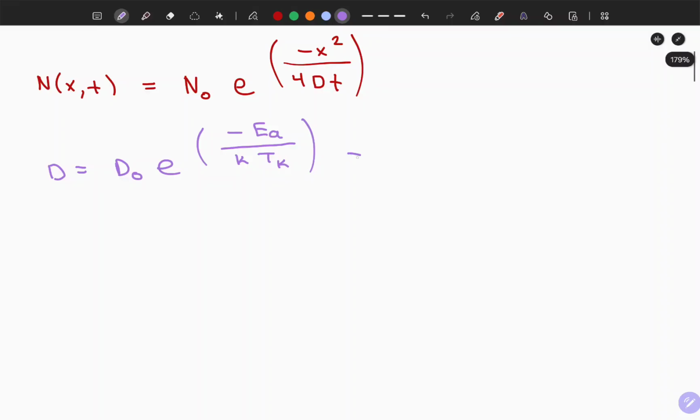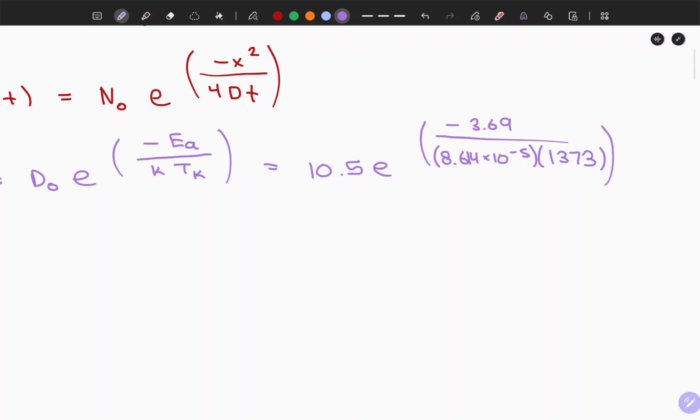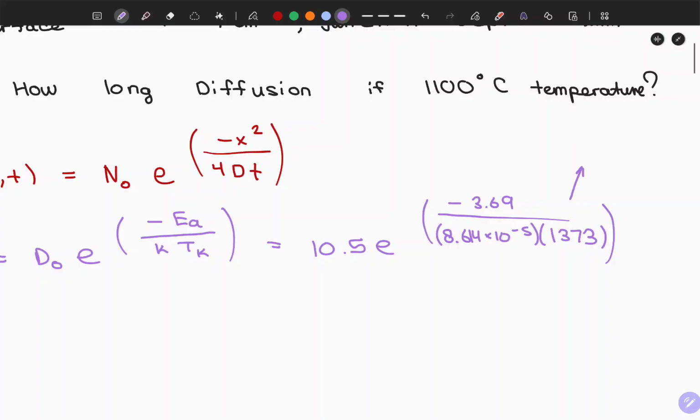So if we do that ourselves, we get 10.5 e to the negative 3.69 over k, which is the Boltzmann constant, which is equivalent to 8.614 times 10 to the negative 5 times 1373. Why 1373?